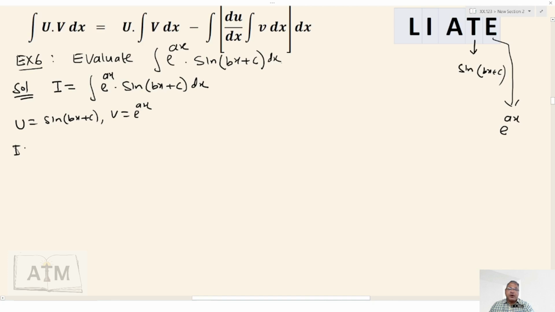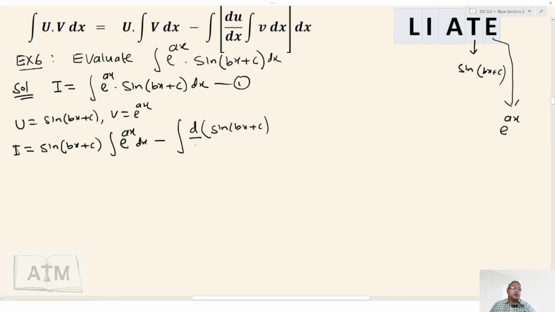So apply the formula; let us call it equation number 1. I equals u, nothing but sin of bx plus c, into integration of e raised to ax with respect to x, minus integration of the differentiation of u, sin of bx plus c, with respect to x and integration of e raised to ax with respect to x. Box is closed here.